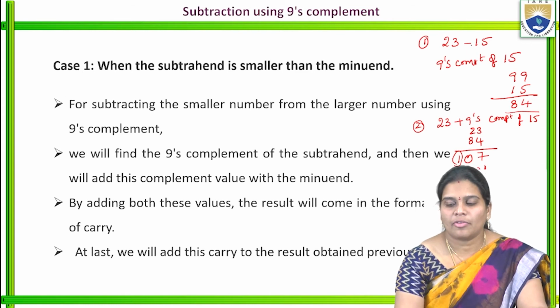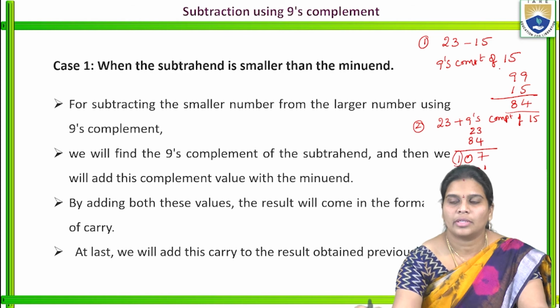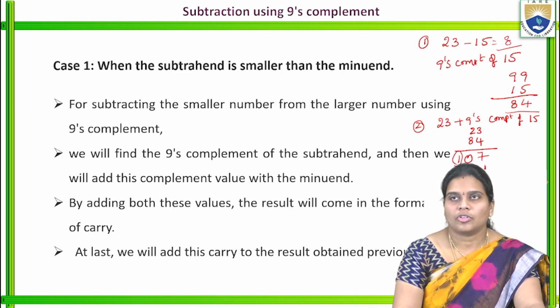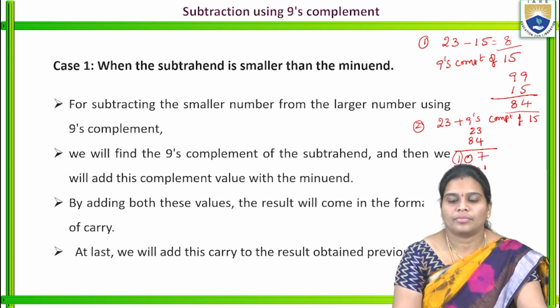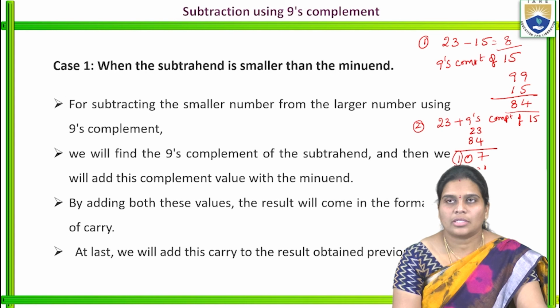So what is the value of 23 minus 15? 8. So here also we are getting 08. So this is the one procedure.